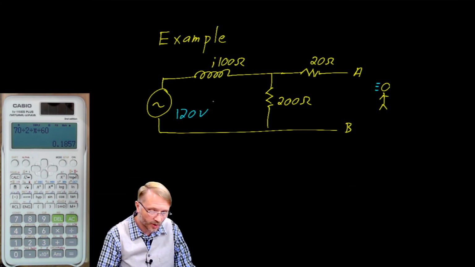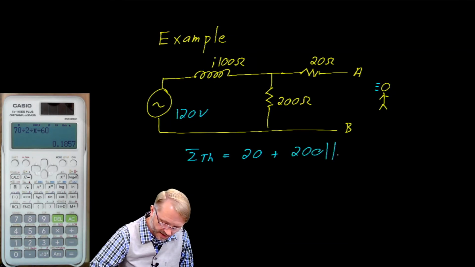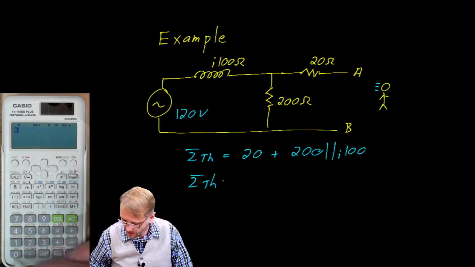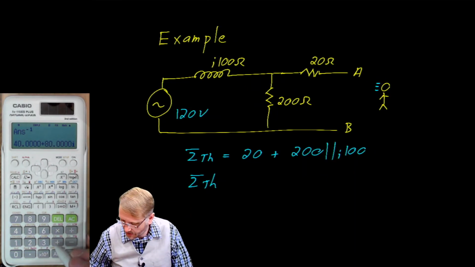In this case, short this 120 volt source, which gives us a Thevenin impedance of 20 plus 200 in parallel with j100. Let's try that in the calculator again. So that's 200 inverse plus parenthesis 100j parenthesis, equals, equals. Okay, so that takes care of the box. And now we need to add 20.